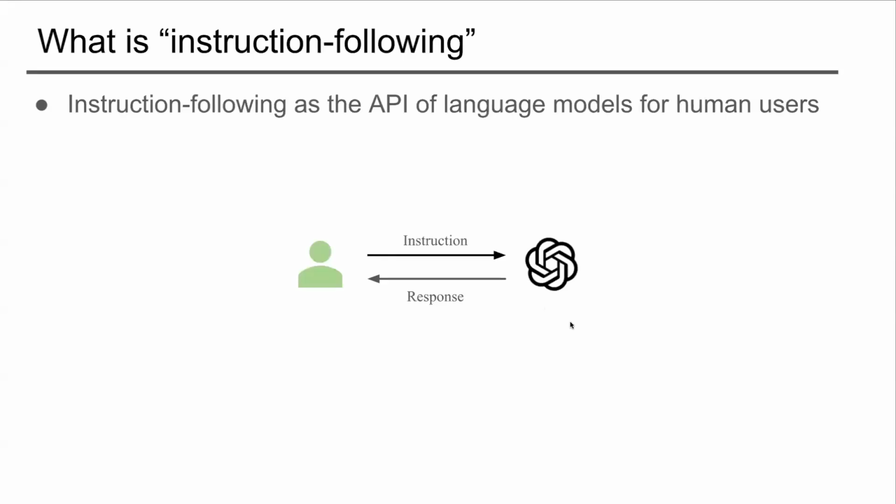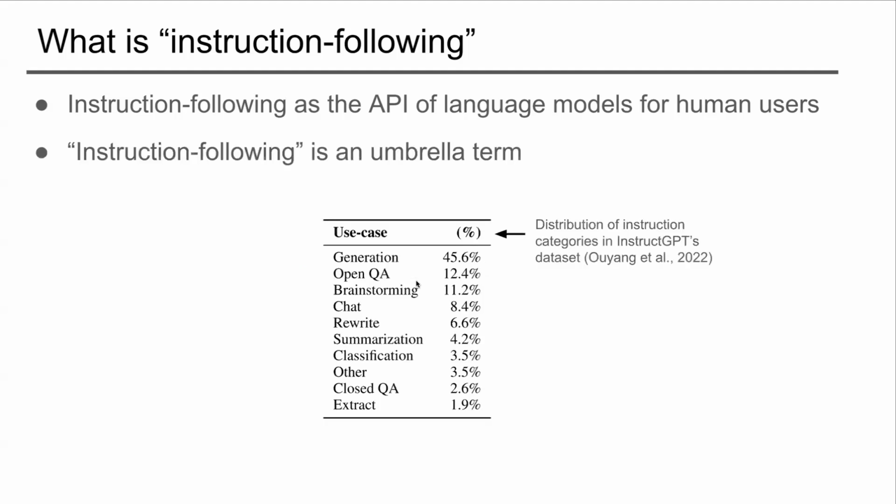The talk is about instruction following, and you might ask, what is instruction following? It can be viewed as an API of a language model for humans to use. A human issues some instructions to the model, and the model provides some response.